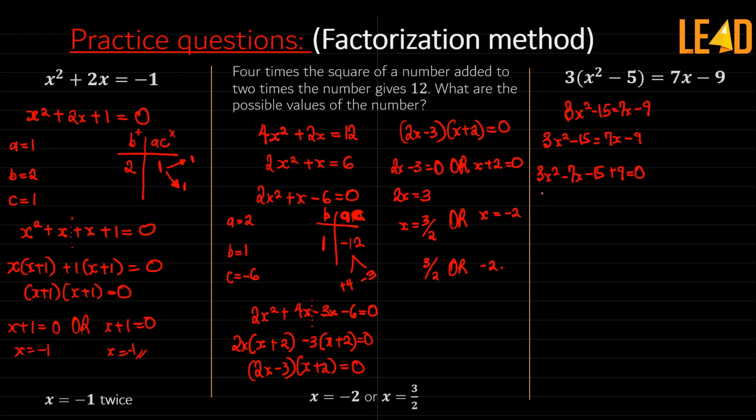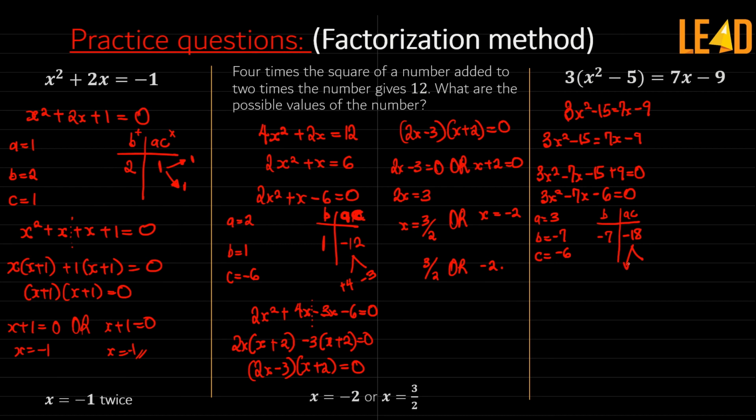So I would have 3x squared minus 7x. This and this will give me minus 6, is equal to 0. So my A is 3, my B is negative 7, and my C is negative 6. So what numbers can I use to get this?